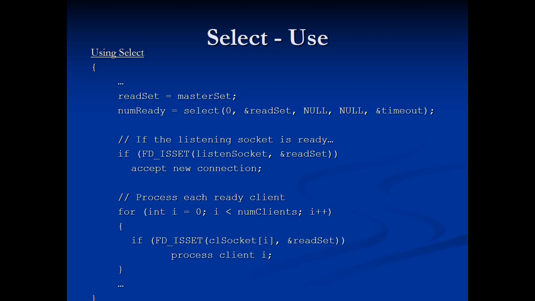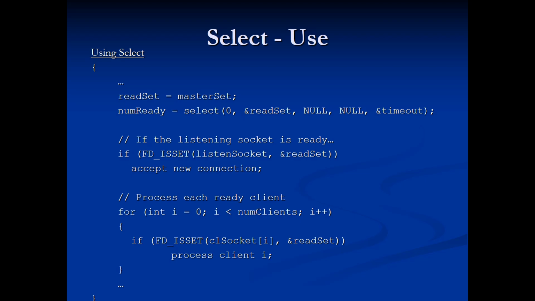If it is, which it is in our particular example, remember client D was trying to connect, then it accepts a new connection. Because it accepted a new connection, that logical connection to client D, don't forget to put that in the master set so that in the next round of polling, you should be able to see if anything is ready from client D.